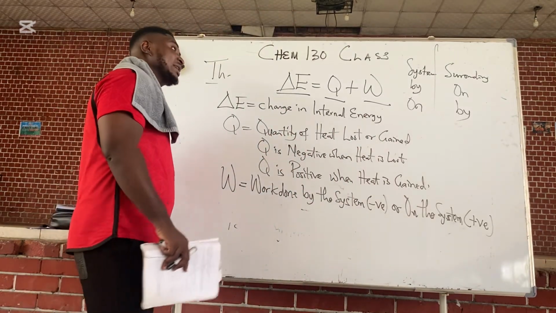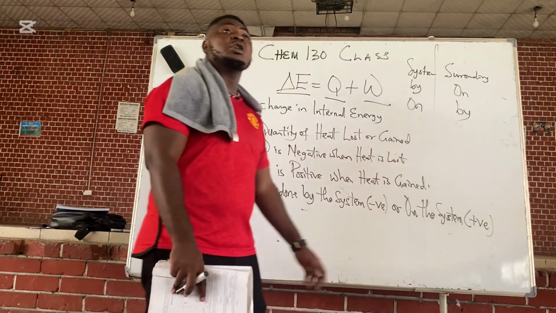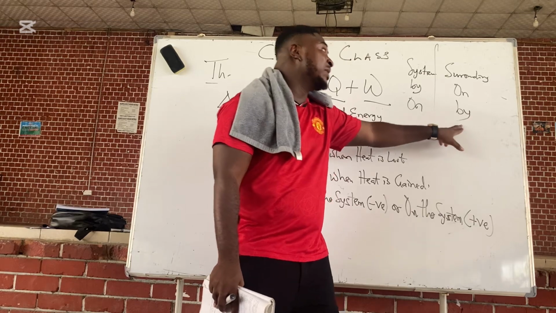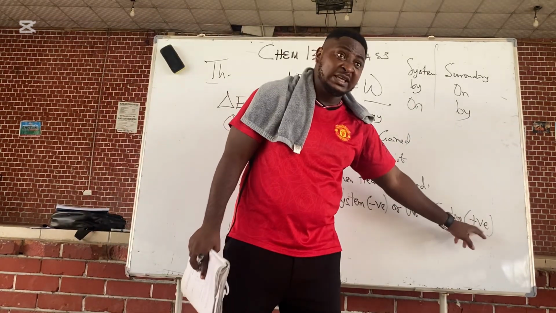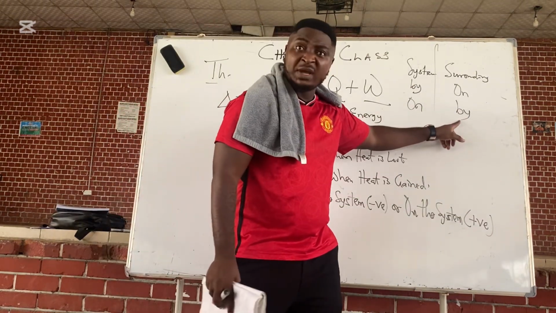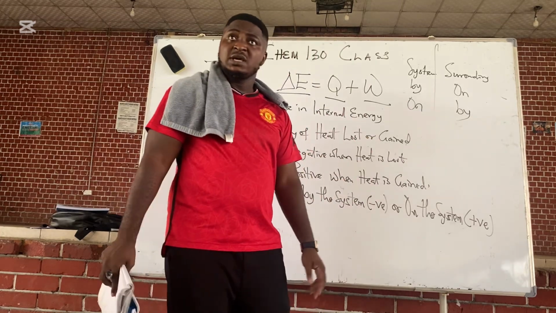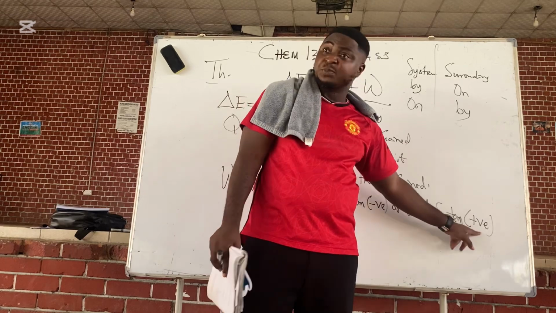If you are told that work is done by the surrounding, would W be positive or negative? If work is done by the surrounding, it means it is done on the system, right? And on the system, W is positive.